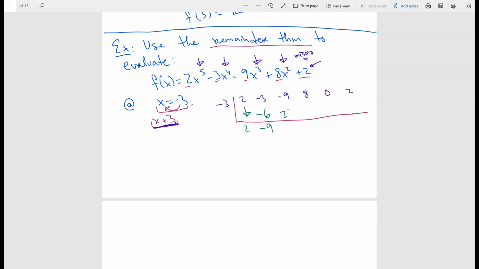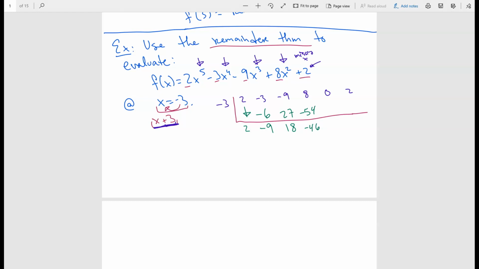Multiply it again, you get +27, and then you add it, so you get +18. Then we multiply this 18 and this 3, that's going to give me -54. Then we take the -54, add it to 8, and that gives me -46. I'm going to multiply this out, 46 times 3.